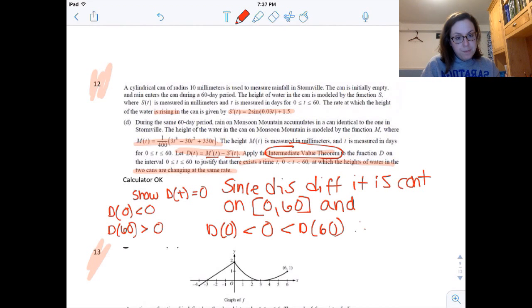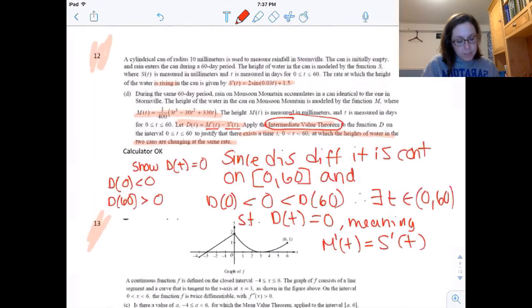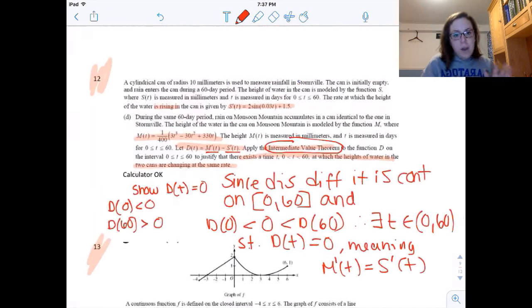Therefore, there exists a t between 0 and 60 such that D of t equals 0, meaning M prime of t equals S prime of t. Very difficult to analyze, a lot going on, but what you need to think about is IVT, sandwich it between, right? And then look at the endpoints and make sure that value you want's between it.